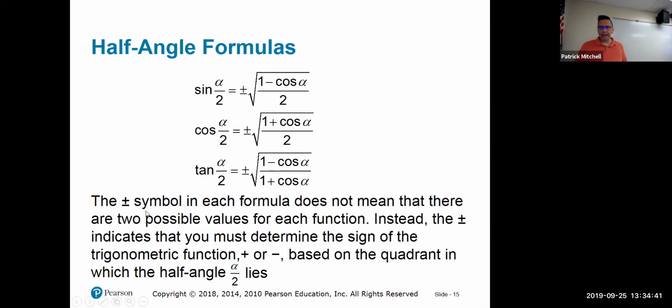And what they're explaining down here is the way that you figure out whether the answer is ultimately plus or minus is by figuring out what quadrant the angle alpha over 2 is in, all right? And you will definitely see an example of that here in a minute. Notice that the formulas for sine and cosine are very, very similar. The only difference is sine gets a minus, cosine gets a plus.